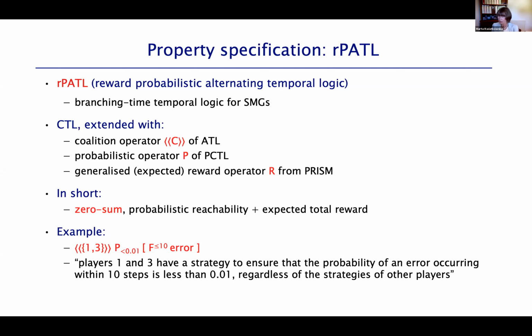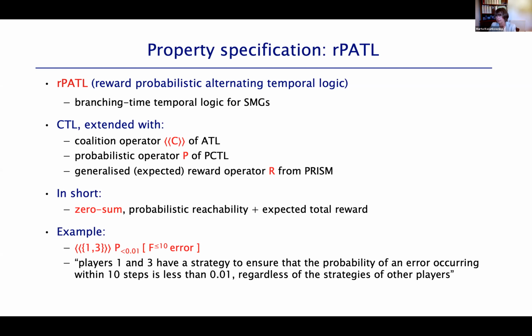So to start with, we just focus on zero-sum properties for turn-based games. And an example of an rPATL, reward probabilistic alternating temporal logic, property that we have formulated is, okay, players 1 and 3 playing in a coalition, they have a strategy to ensure that the probability of an error occurring within 10 steps is less than 0.01, regardless of the strategies of other players.